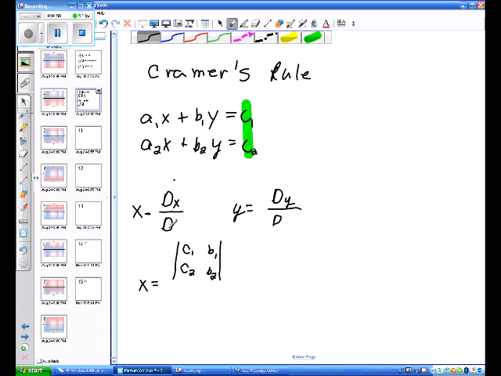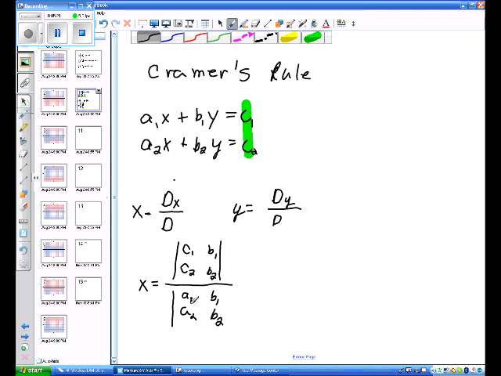Now, the coefficient determinant is simply your coefficients for your x and your coefficients for your y.